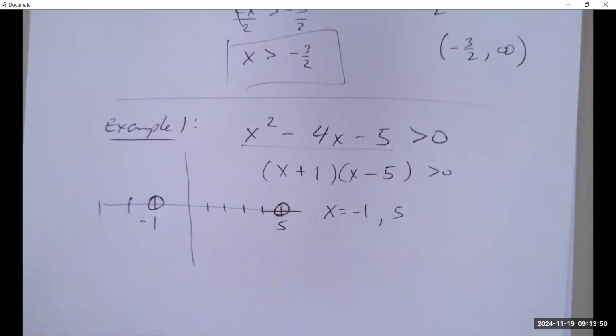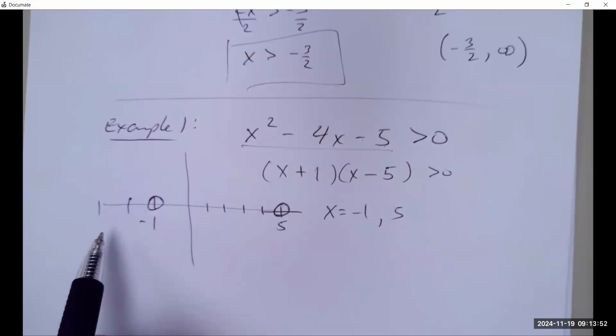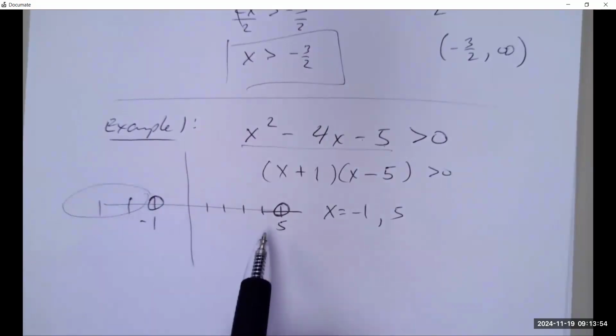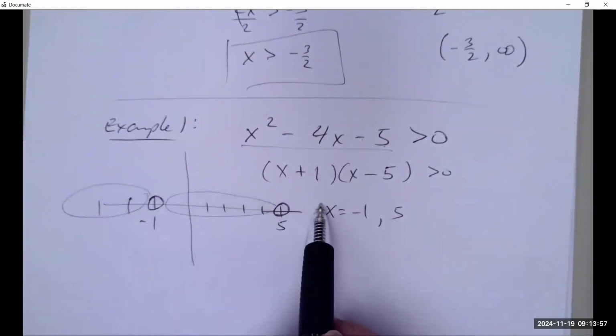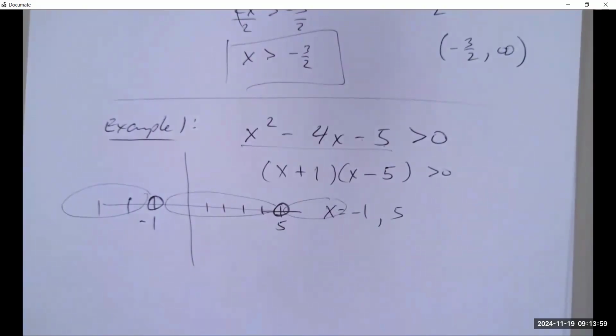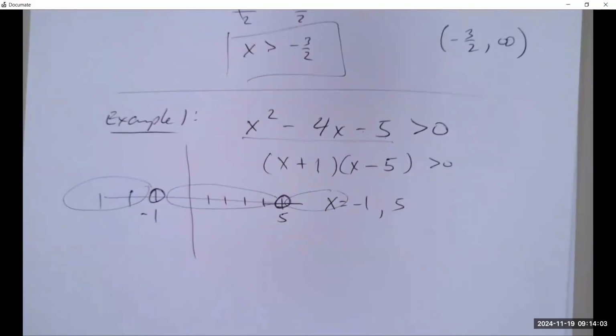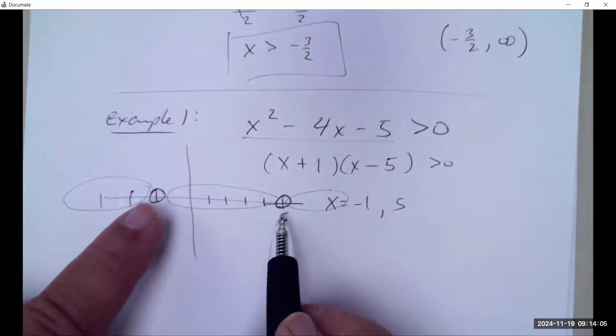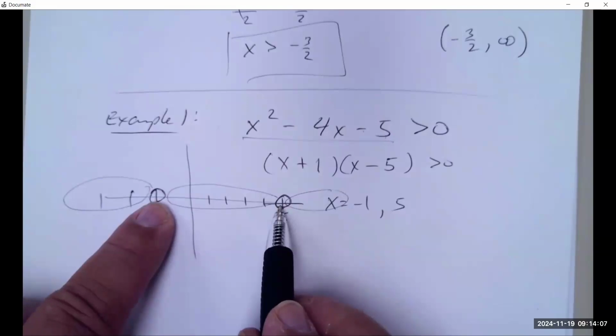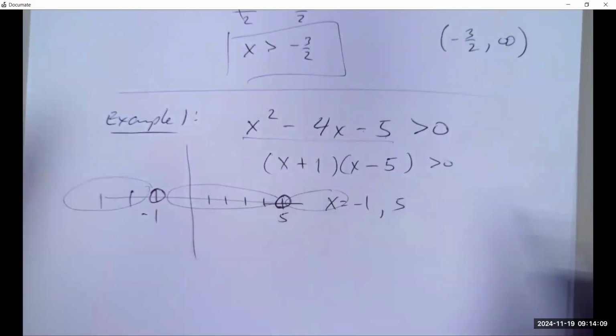So far, so good. Now, are my solutions going to be in this domain, or in that domain? Because of this, it's either going to be between these two, or if it's not between these two, it's going to be on the other side.